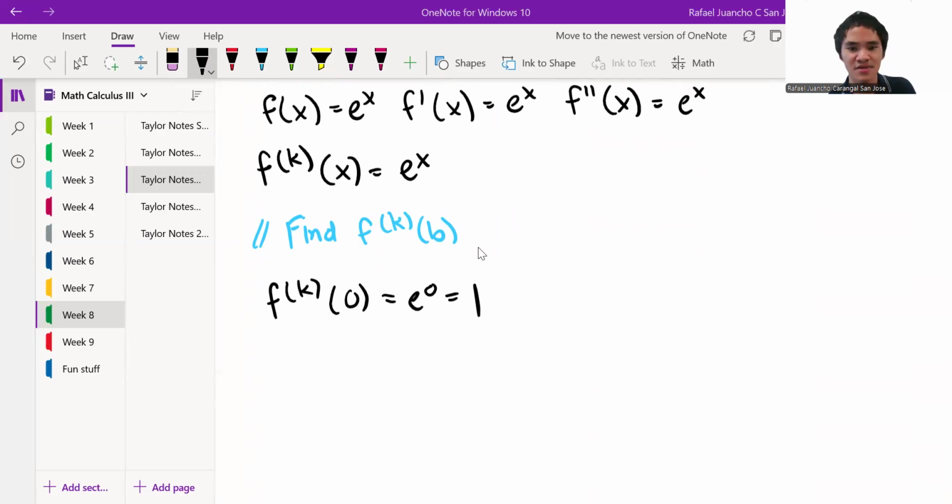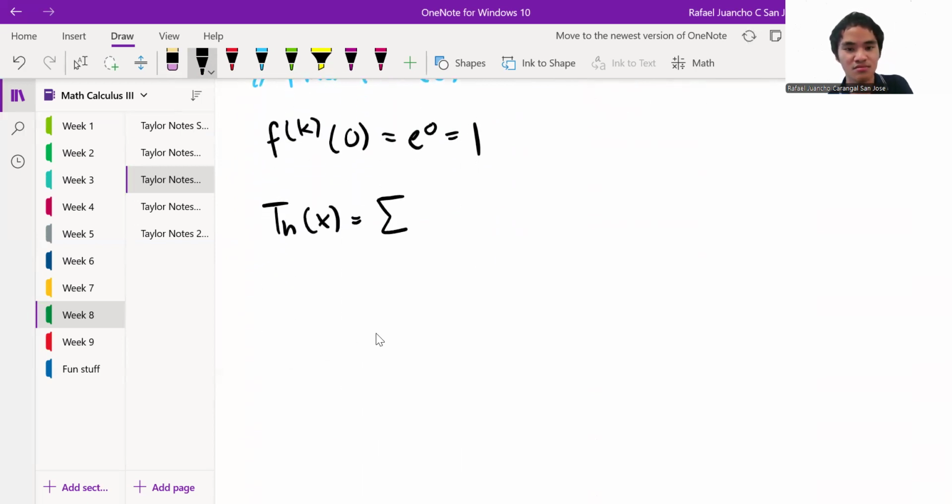So that means my T sub n, trying to do a summation here, trying to get the hang of summation. So k starts at 0 all the way to n. Then we say this is this thing. My function at k, or my kth derivative.